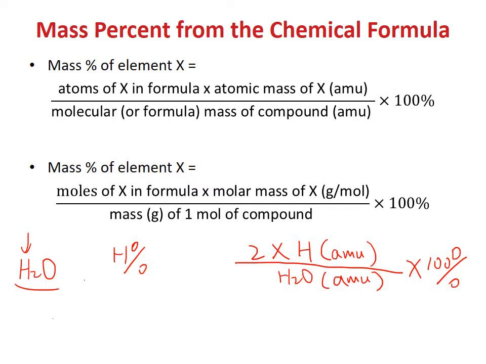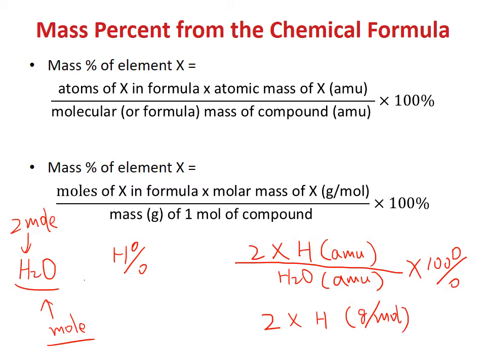Second method, we look at 1 mole of the molecules. So 1 mole of water contains 2 moles of hydrogen atoms. So to calculate hydrogen percent, we use 2 moles times the molar mass of hydrogen, which is in gram per mole.